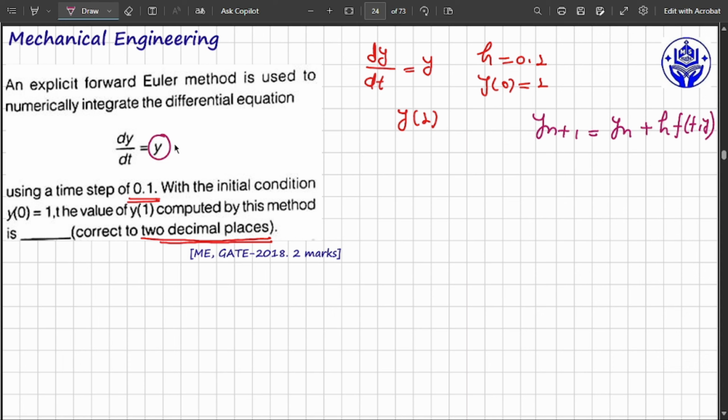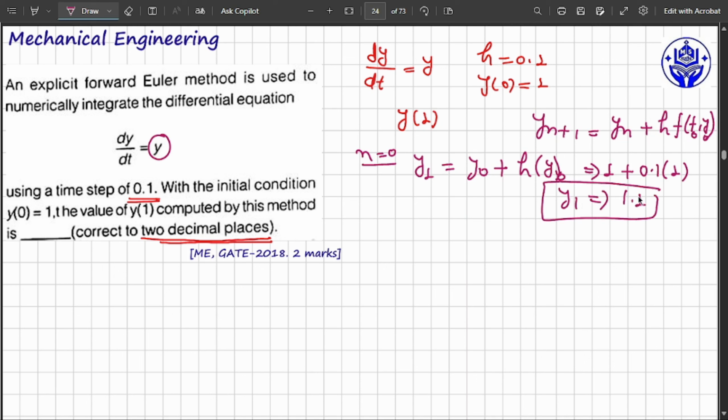Now my function is only y. So putting n equals 0, y1 is y0 plus h times f(t0, y0), and that is y0. Now it is 1 plus 0.1 into 1, which is 1.1. So now my y1 is 1.1.